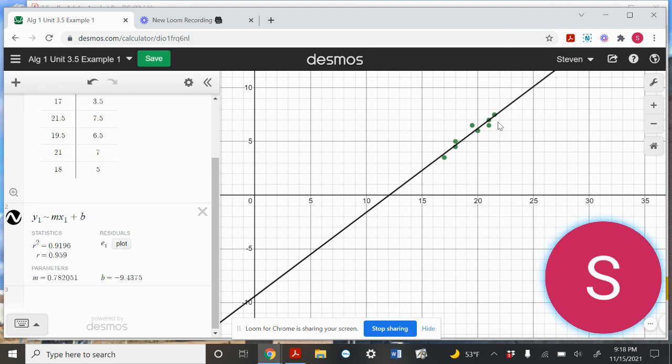So we can use the line to make predictions. With Desmos, you can actually click on a point. Notice if I click on the point here, it tells me that when it's about 5 degrees Celsius, which is 5.054, we sell about 18.5 pounds of ice cream.